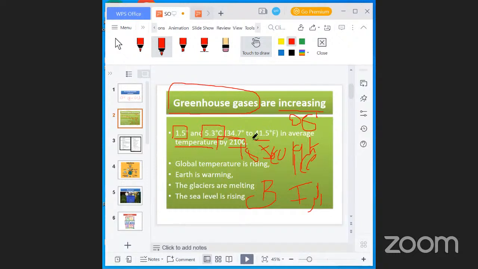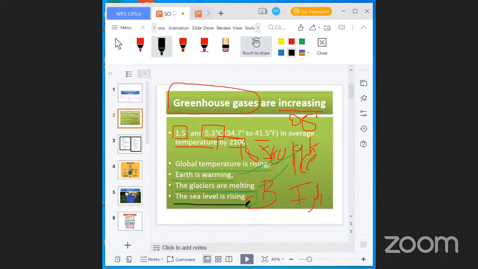So when the heat trapping greenhouse gases are increasing, what is happening? Global temperature is rising, the earth is warming, the glaciers are melting, and also the sea level is rising, right?